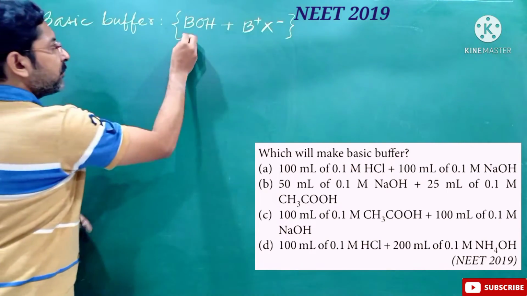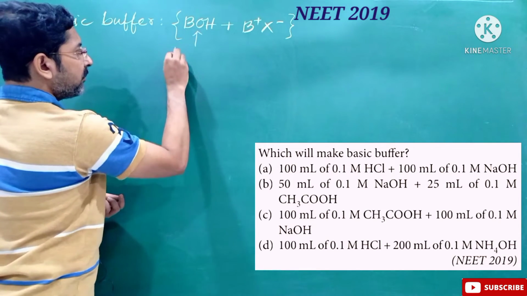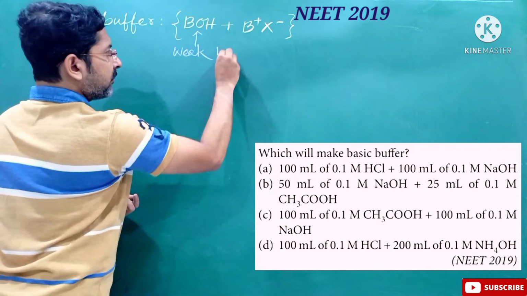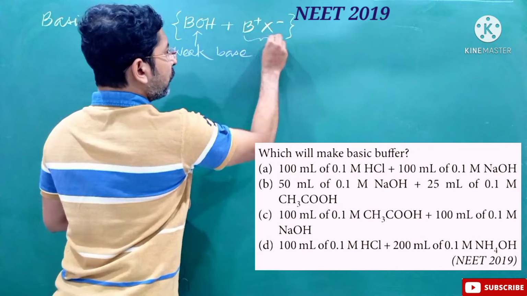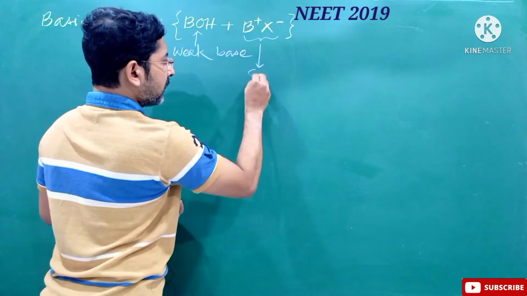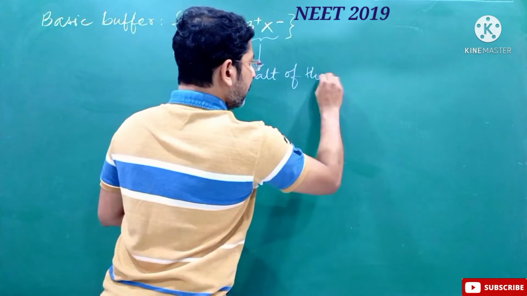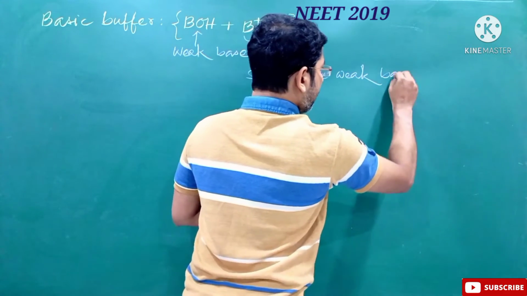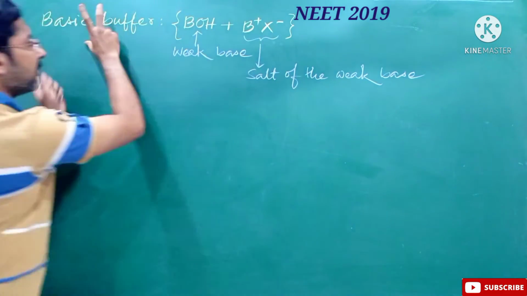One weak base, of course this one is a weak base, and this one is a salt of the weak base. So this is the composition of a basic buffer, right?